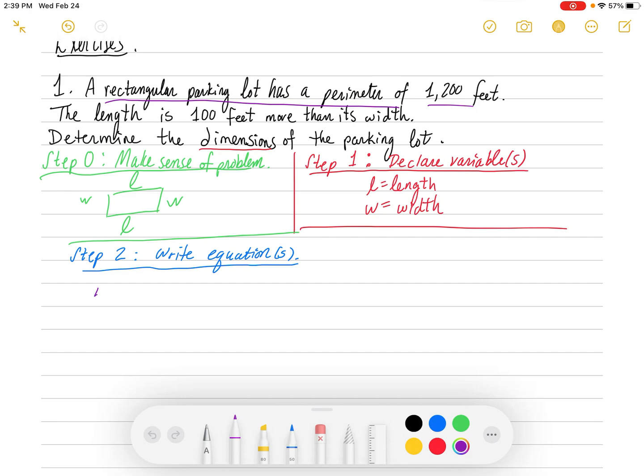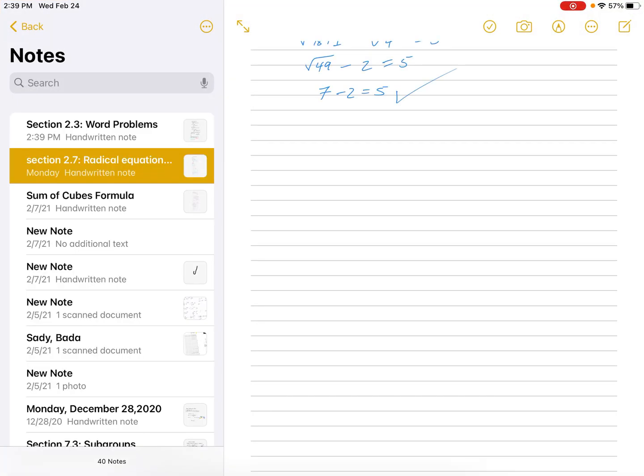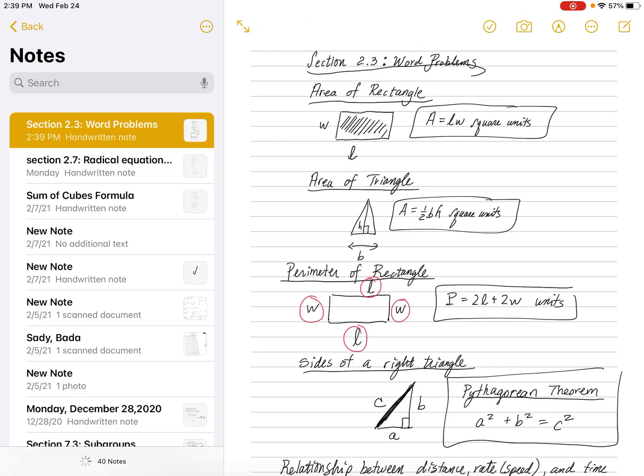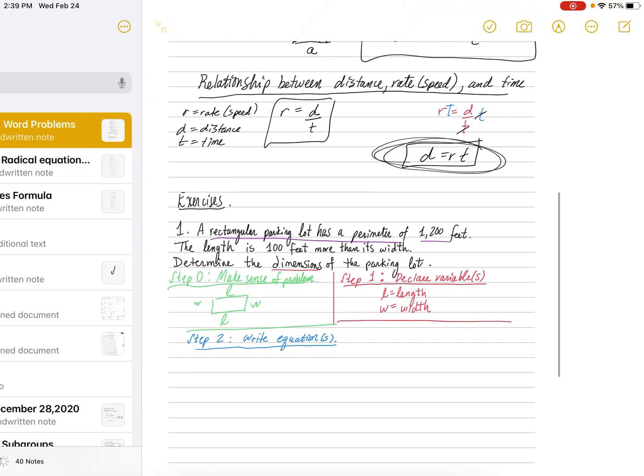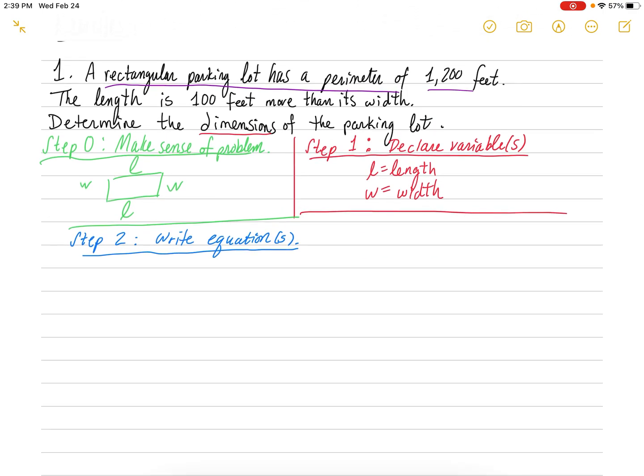So our first equation, equation 1. That wasn't good. It's bugged out on me. Okay. Equation 1, I was writing equation 1 when it bugged out on me.